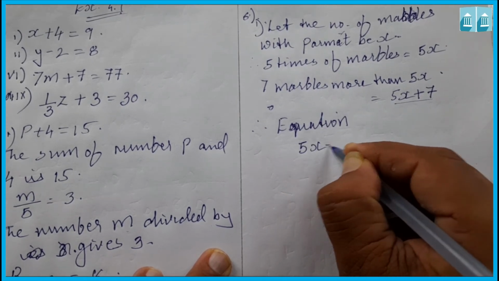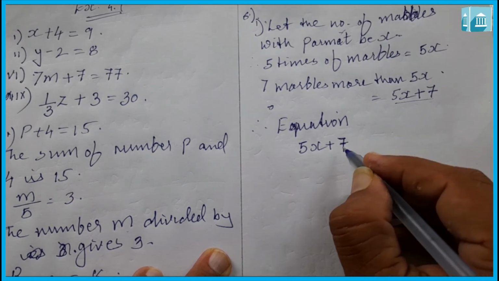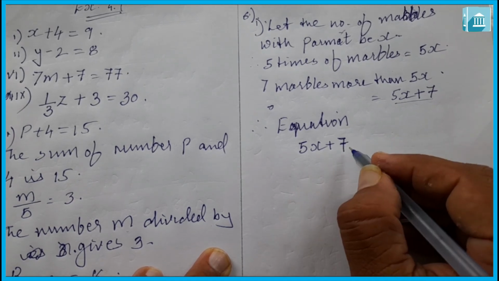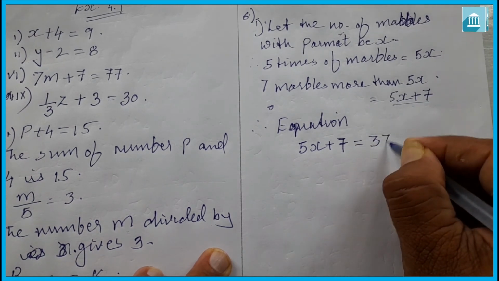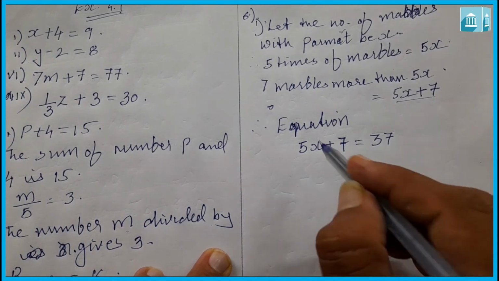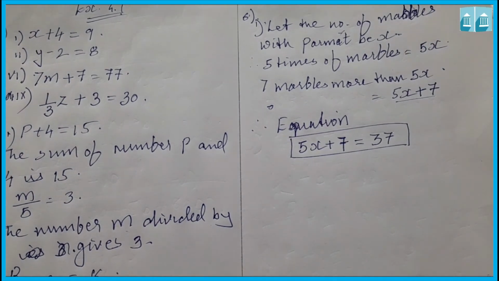Irfan says that he has 37 marbles. So the equation is 5x plus 7 is equal to 37.